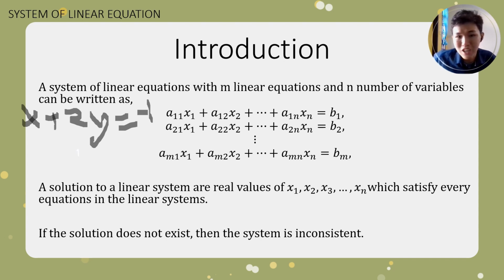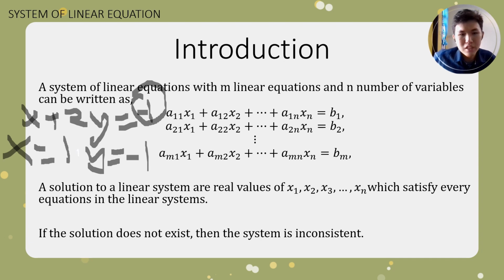And this is x1, this is x2. I make it as a y, and my x must be 2 and y must be negative 1 to make the left hand side equal to the right hand side. If the solution does not exist, the system is inconsistent.